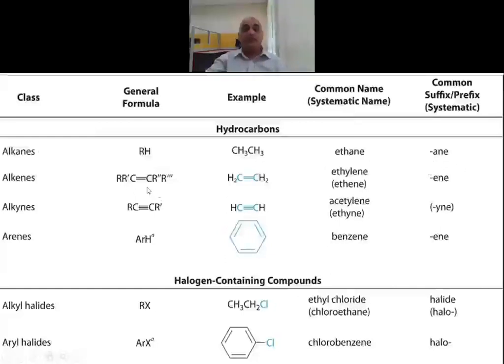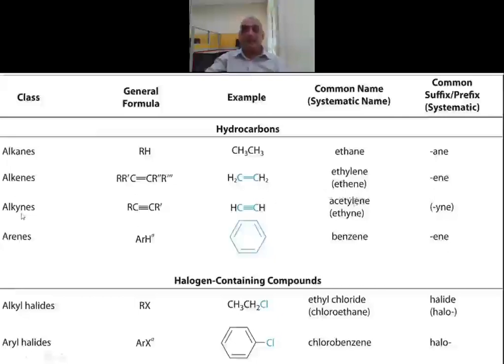If a double covalent bond is present between carbon to carbon atom, the organic compounds are called alkenes, and the name of the compound ends at ene. For example, here we have the example of ethene.